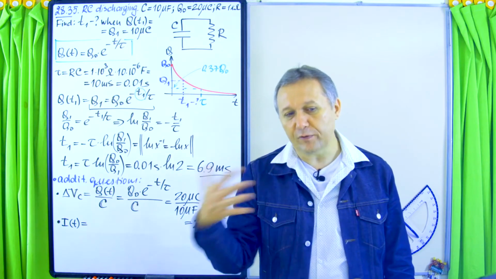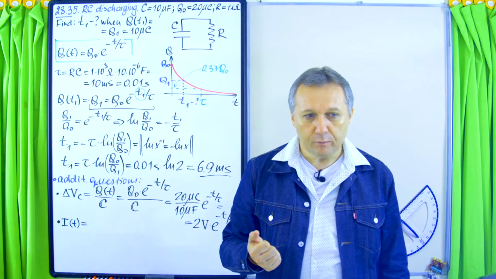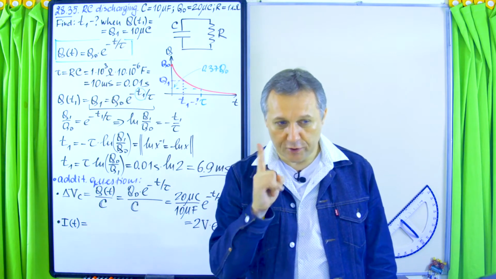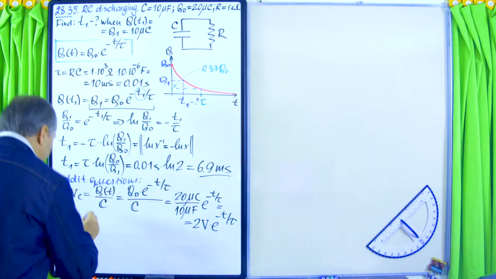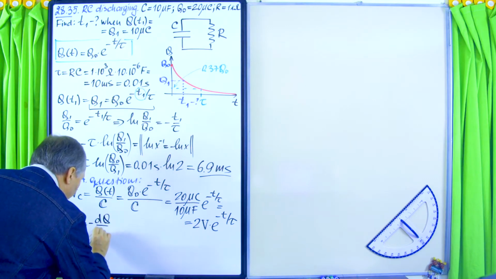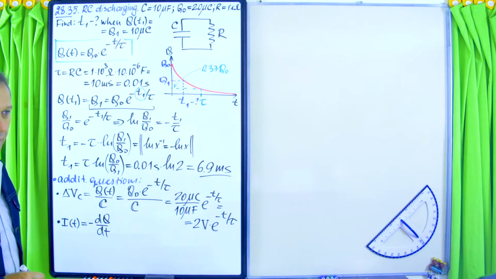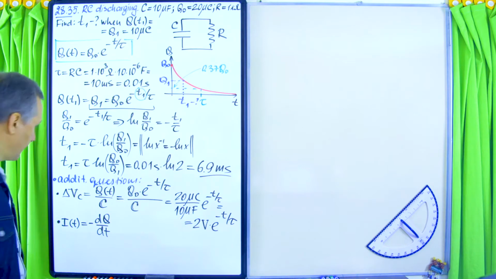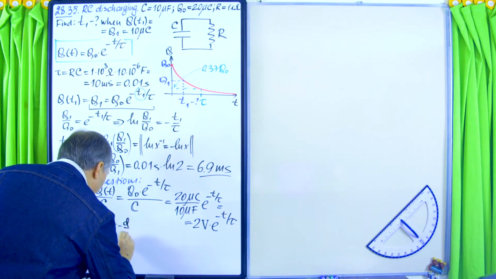I said it would be very similar for discharging, and if you want to look, you can look at my slides. For discharging, don't forget, there is a minus: minus dq over dt. And of course, q is a function of time. We have to differentiate the function, not a particular value of charge at some moment.